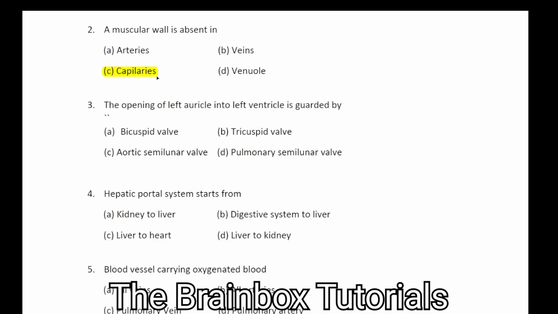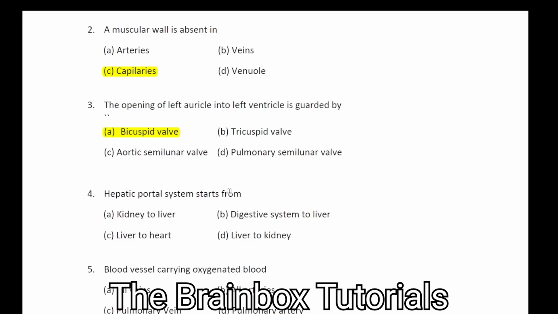And the correct option is C capillaries. Number 3. The opening of left auricle into left ventricle is guarded by A bicuspid valve, B tricuspid valve, C aortic semilunar valve and D pulmonary semilunar valve. And the correct option is A bicuspid valve.